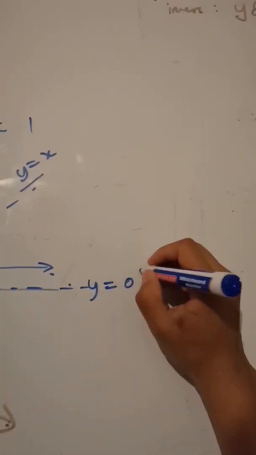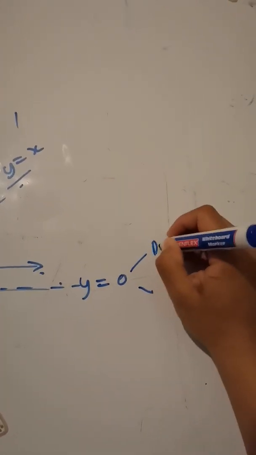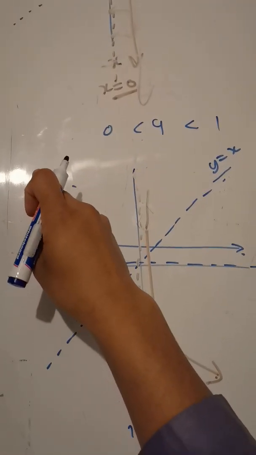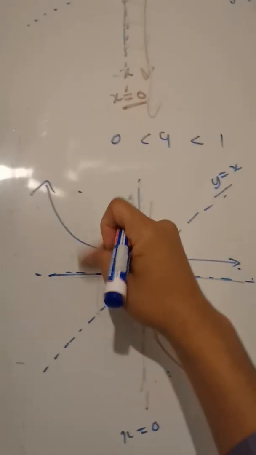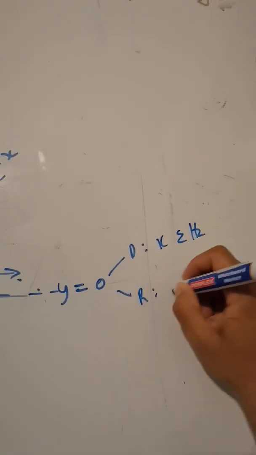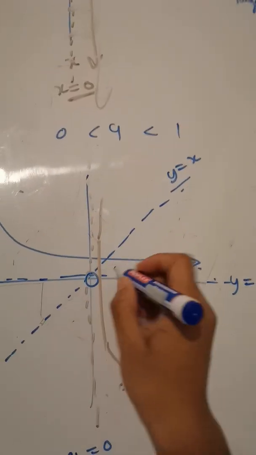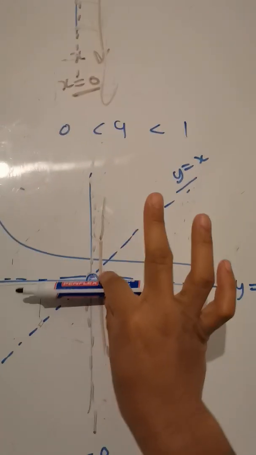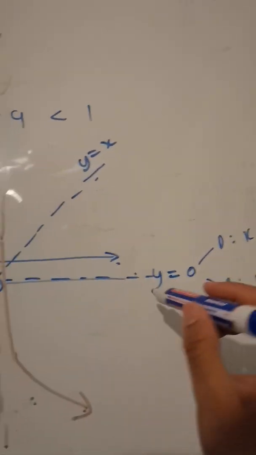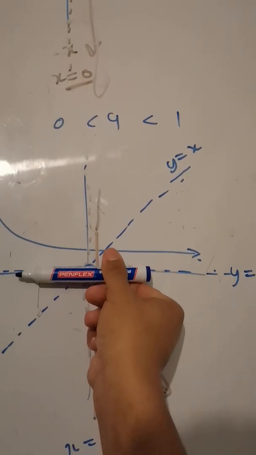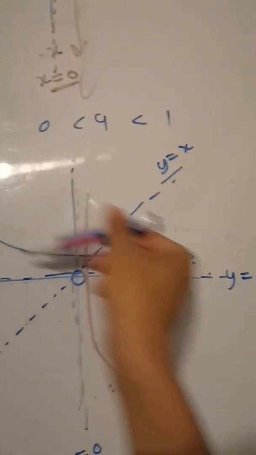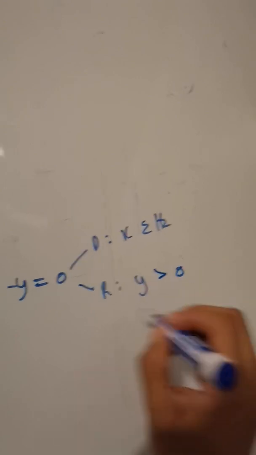So the domain of the original graph: all x values can exist on the original graph. Therefore x is an element of real numbers. And the range: you see that there is 0. The original graph lies above the 0 mark for all the y values, so only the y values above 0 lie on this original graph, so y is more than 0.